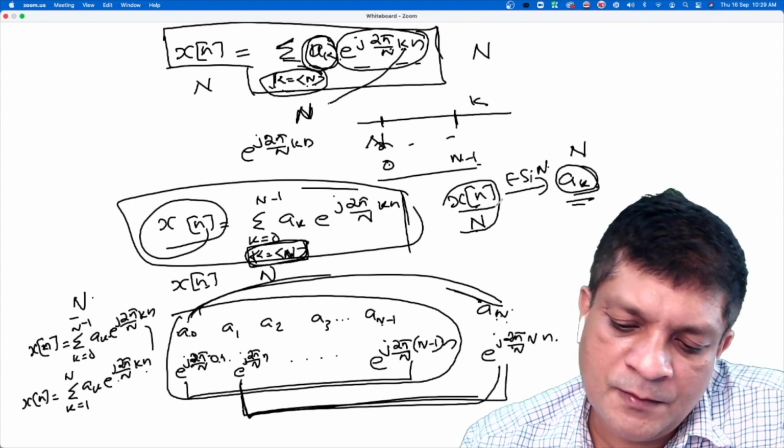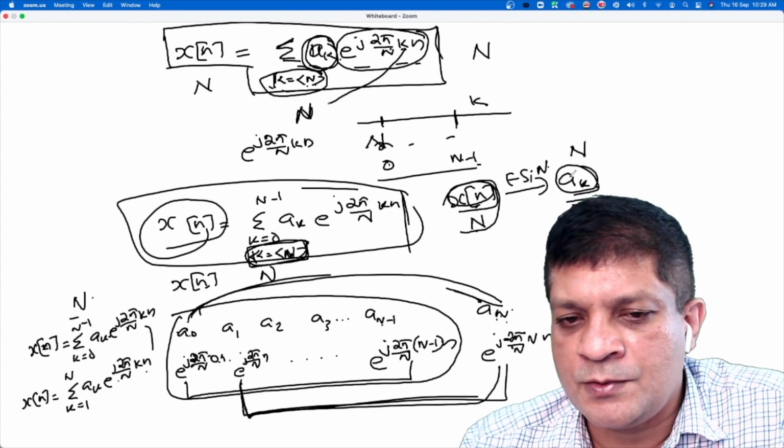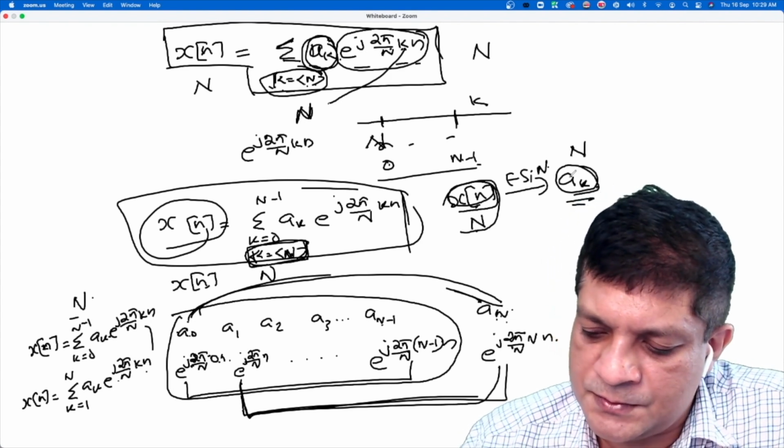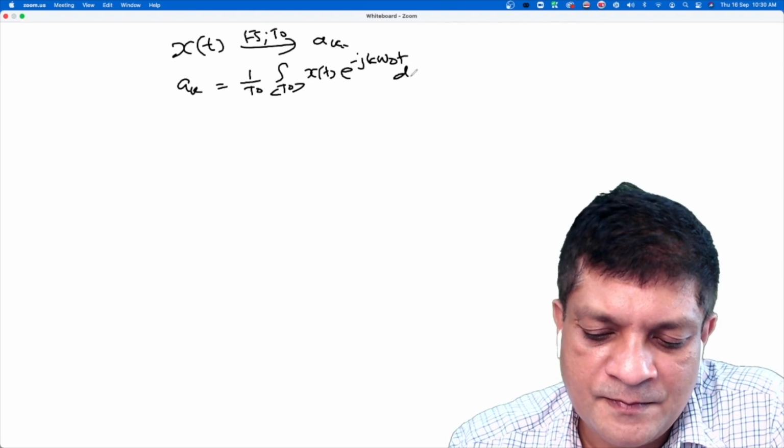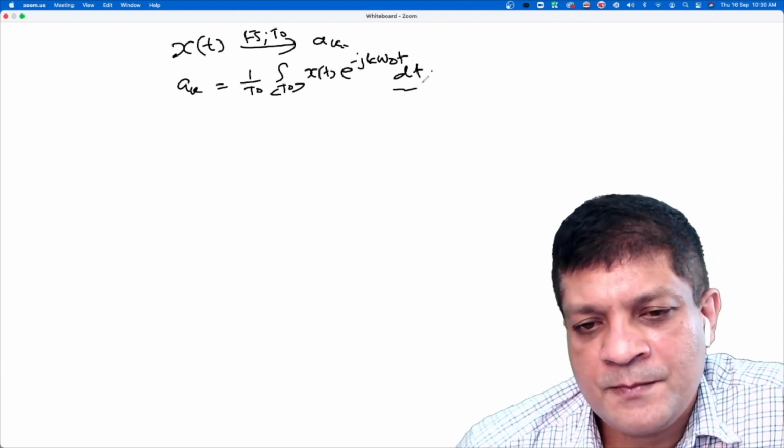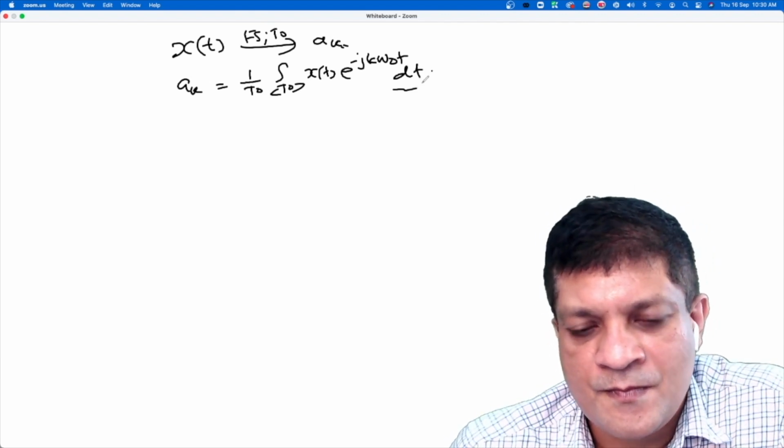Now let's see how to find the Fourier series coefficients. If you are given a periodic signal, how do you find its Fourier series coefficients, as for a continuous time signal? Yes, sir.